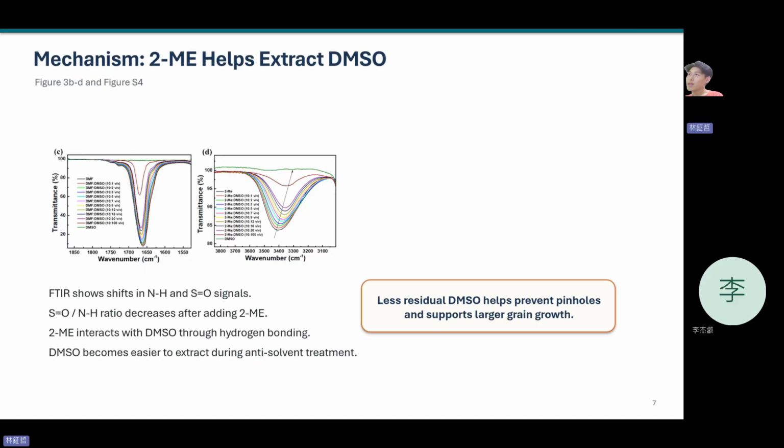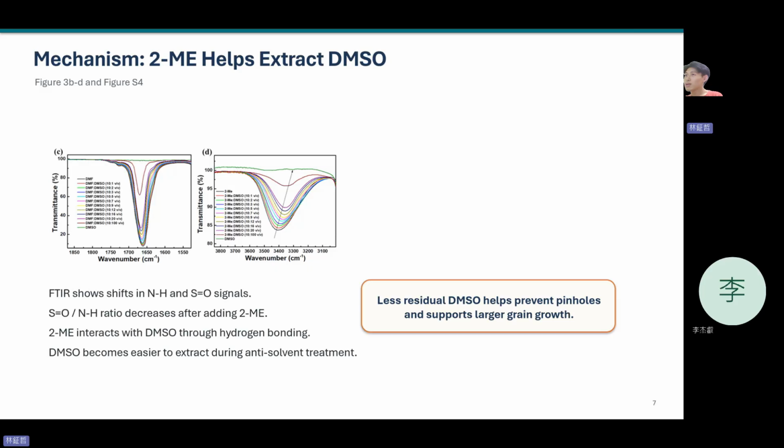Now let's look at the mechanism. They also used FTIR to study the interaction between solvent and the intermediate film. DMSO can stay inside the film. Too much residual DMSO may cause pinholes during annealing. The FTIR result shows that after adding 2-ME, the signals of N-H and S=O change. Also, the ratio of S=O to N-H decreases. This means the amount of DMSO in the intermediate film becomes lower.